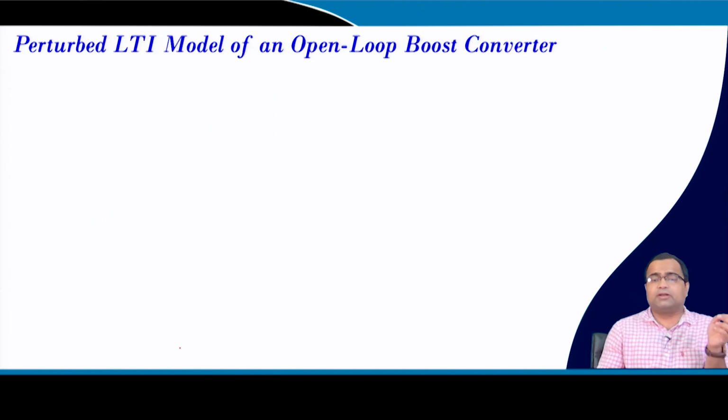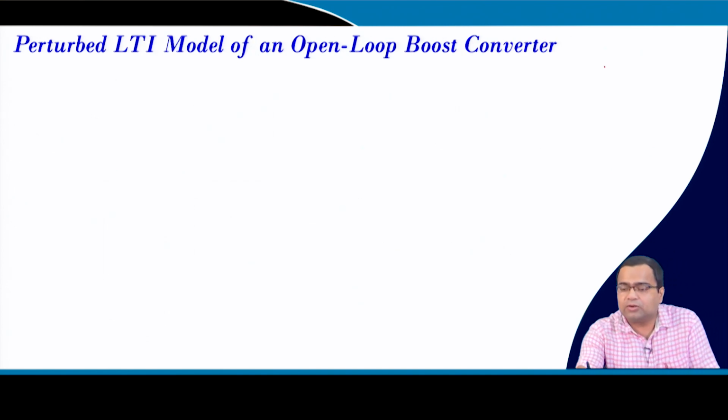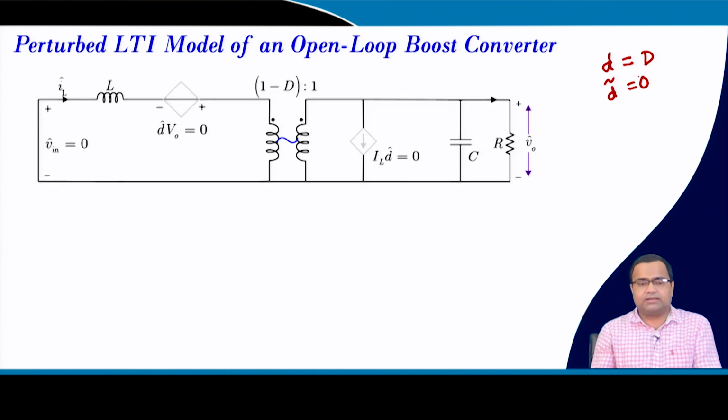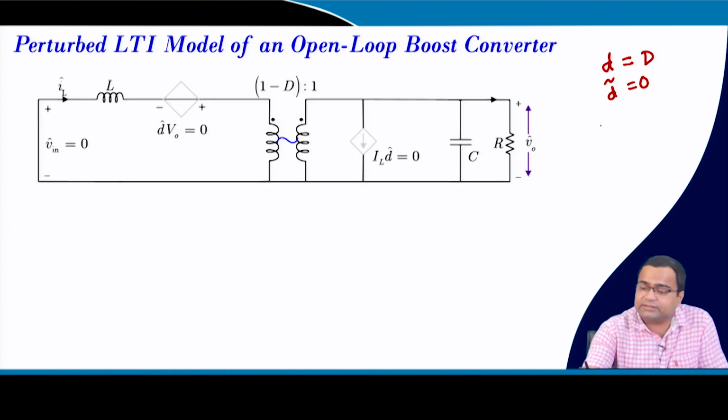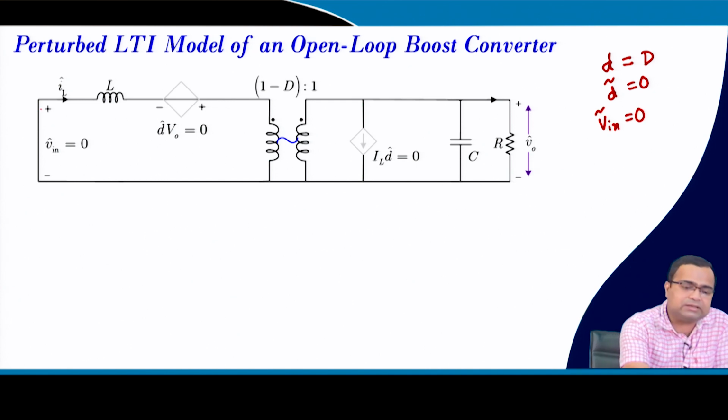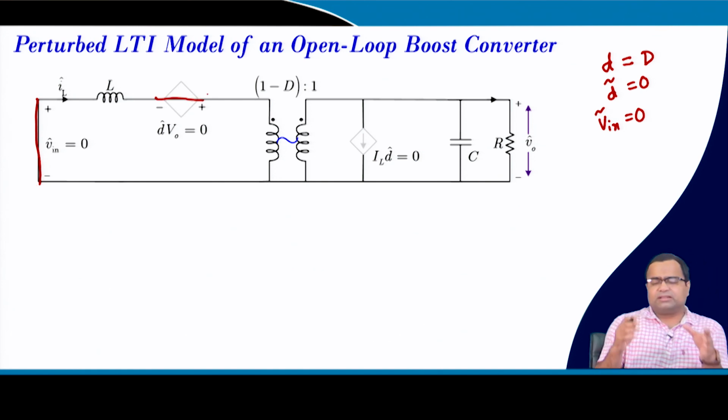Now, if we consider an open loop boost converter, where we are considering the instantaneous duty ratio to be the fixed duty ratio, that means the perturbation in the duty ratio is 0, then the supply disturbance is also considered to be 0 in open loop. Okay. So, this is 0, that means this part is shorted, and this part where we had V0 into d tilde, that is 0 because we have ignored the perturbation of the duty ratio, because we are using a fixed duty ratio.